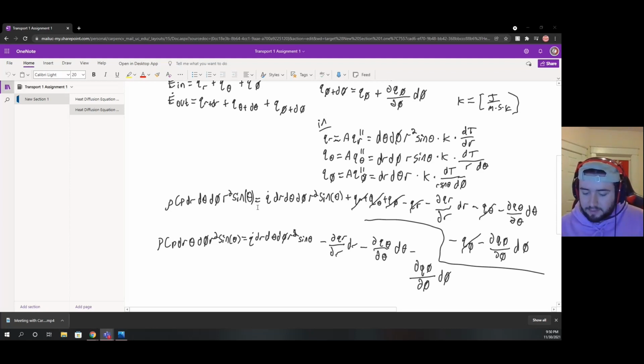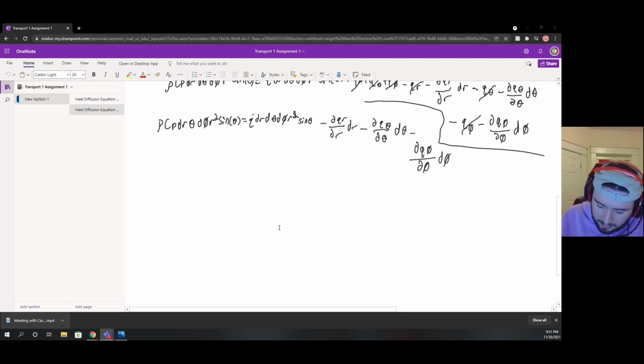So now we can plug in our values for our heat flow of r, heat flow of theta, and heat flow of phi into our equation. So that'll look something like this. Scroll down a little bit.